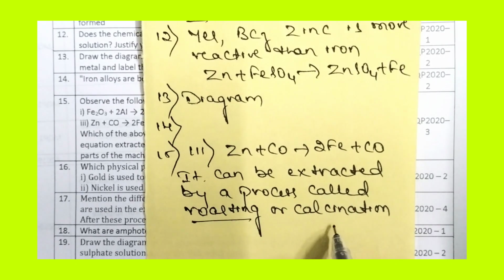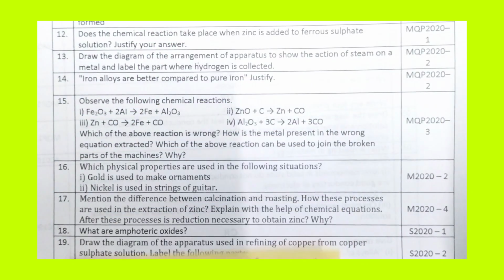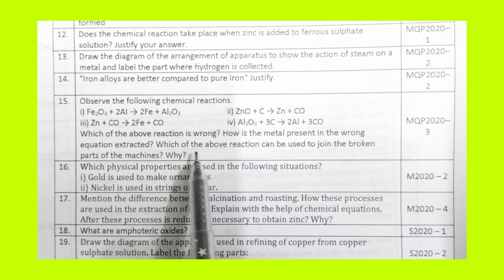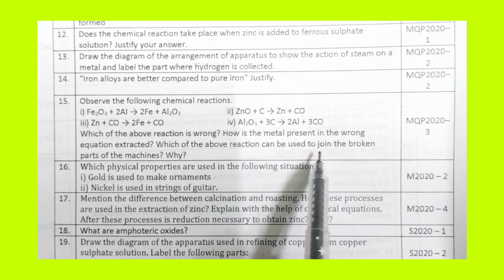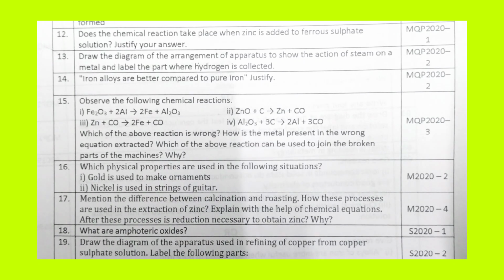Roasting if it is a sulfide ore, calcination if it is a carbonate ore. Next, which of the above reactions can be used to join the broken parts of machines? Why? Let us answer this question.